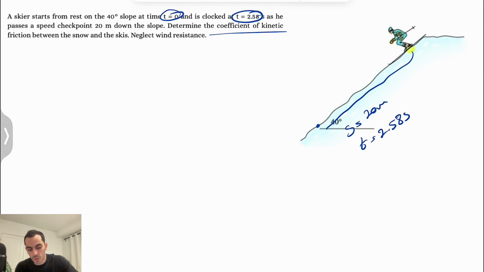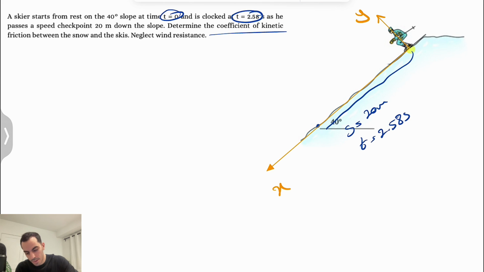So we're going to start first of all with the free body diagram, because we have to figure out the forces that they are dealing with in here. So let's just call this x, and this will be our y axis.